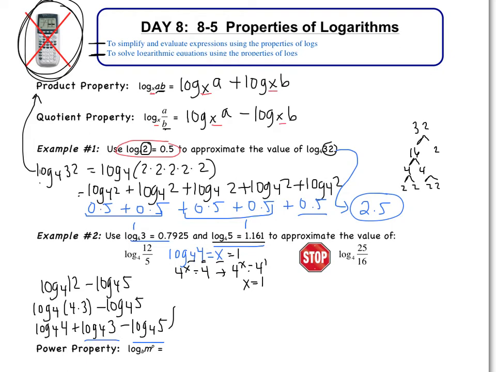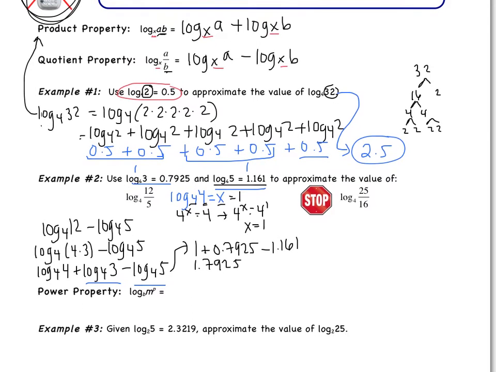So really, this becomes 1, add log base 4 of 3, which is 0.7925, subtract 1.161. So this is 1.7925. I'm going to move this a little bit.